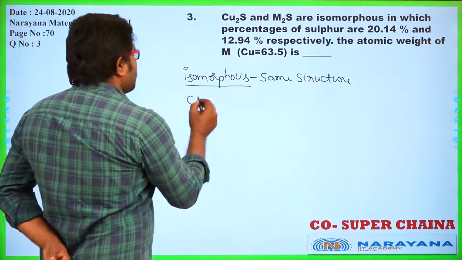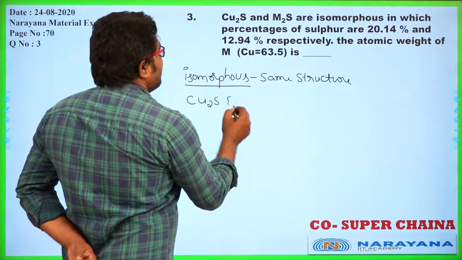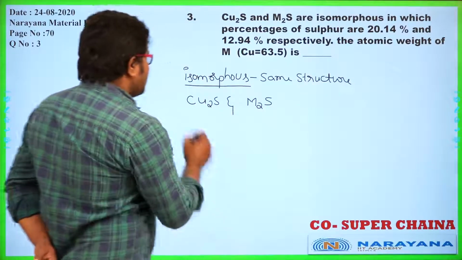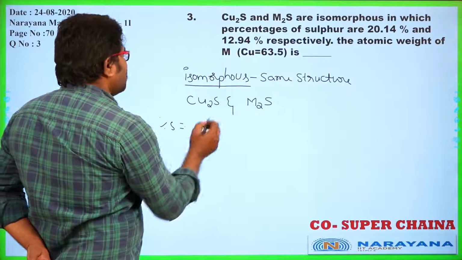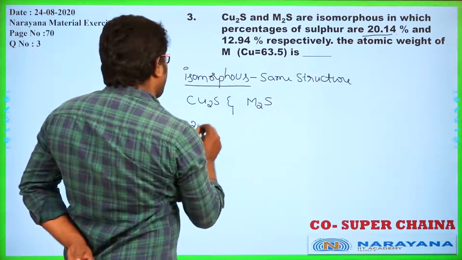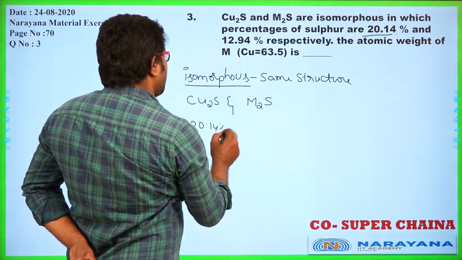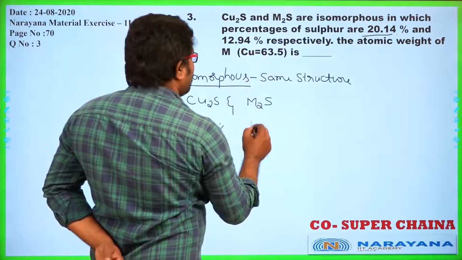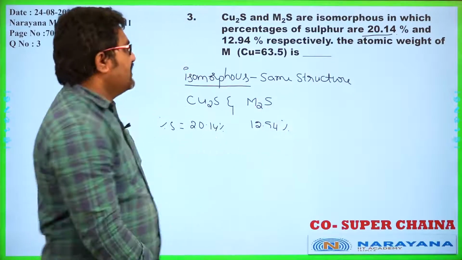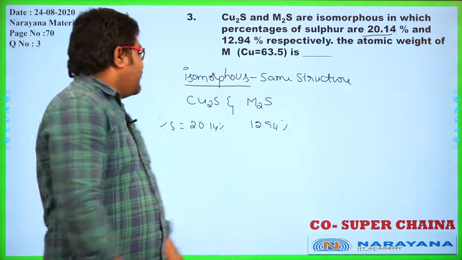So in Cu2S and M2S, the percentage of sulfur in Cu2S is 20.14 and in M2S it is 12.94%, respectively. Now, what is the atomic weight of M?